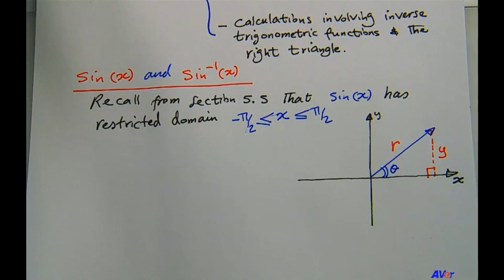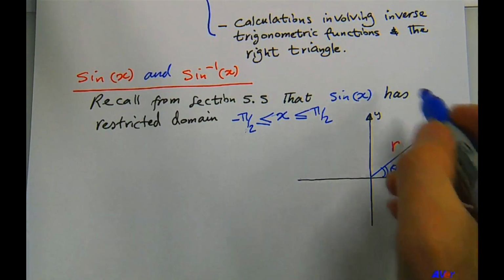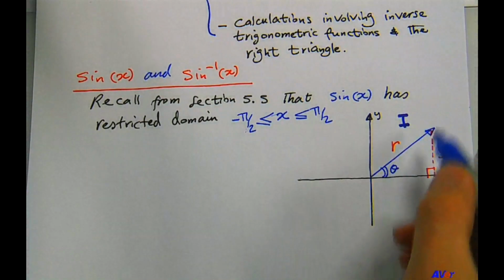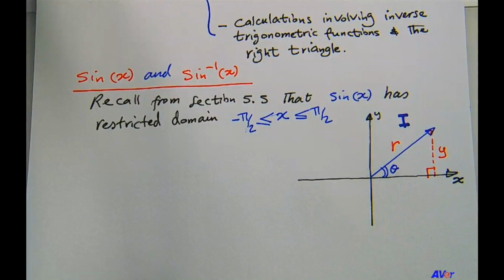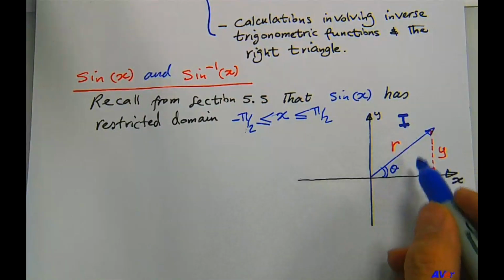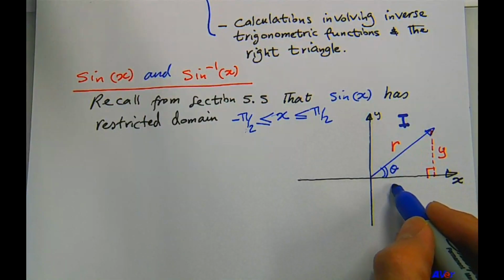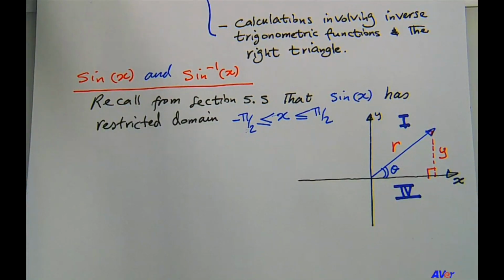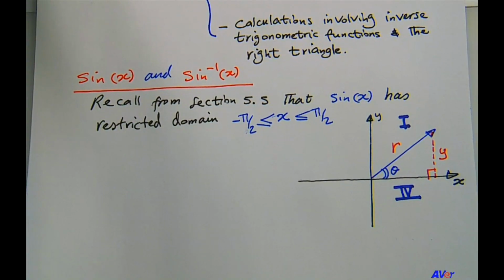The other thing I want to add to this is that here we are in quadrant 1. If you think back to the unit circle, that would be quadrant 1, and then here we are in quadrant 4, right? Just thinking ahead in terms of what's coming up in our discussion.